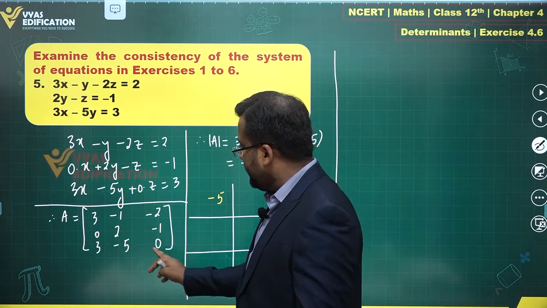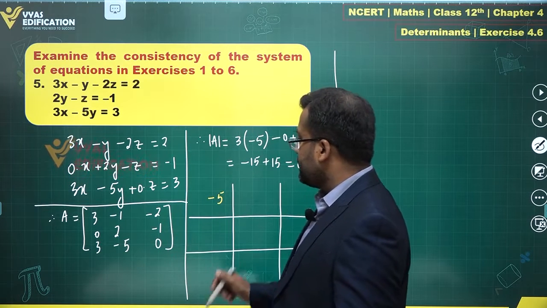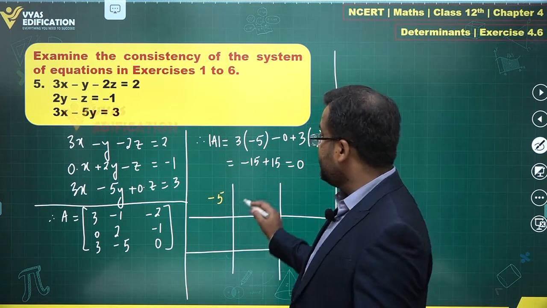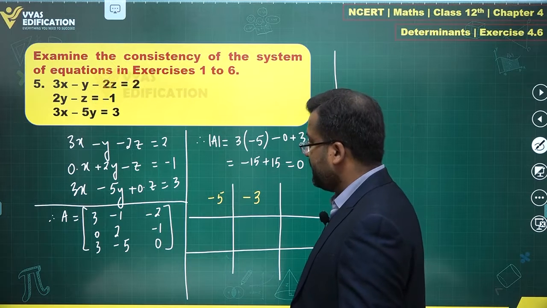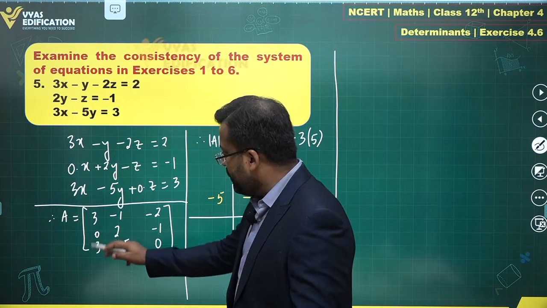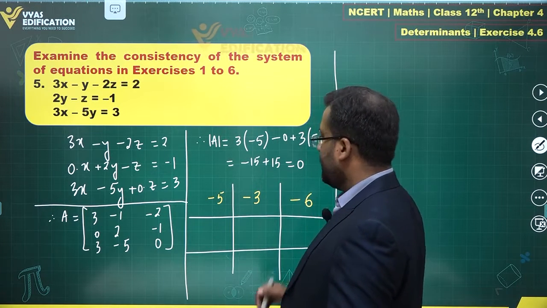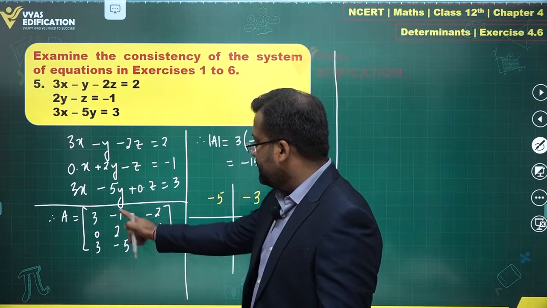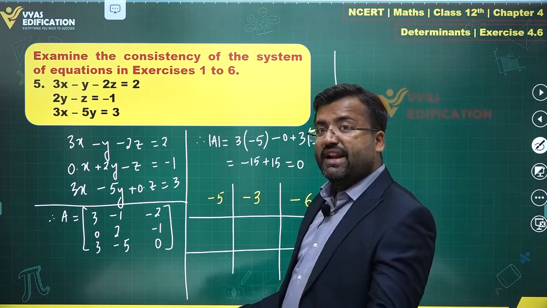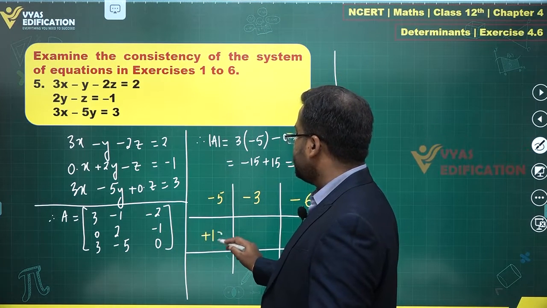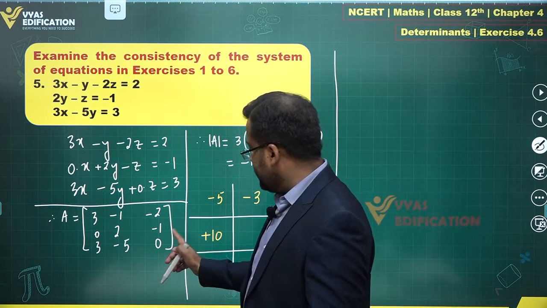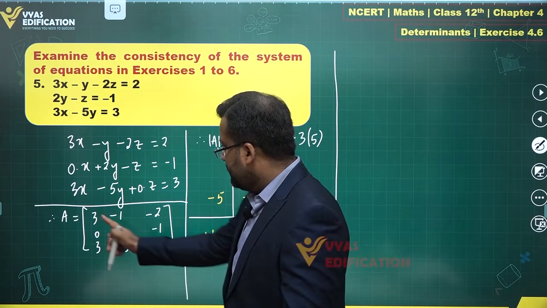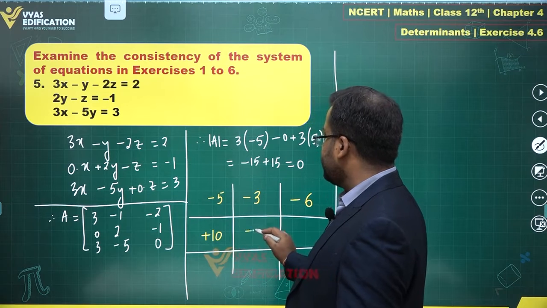For this element over here, you get 0 and minus of minus 3 will be plus 3, but then there's an extra minus, this becomes minus 3. For this element, you get 0 minus 6. For this element, you get 0 and minus 10, but an extra minus will make it plus 10. What about this? This element, yes, center one, 0 and minus of minus plus 6.